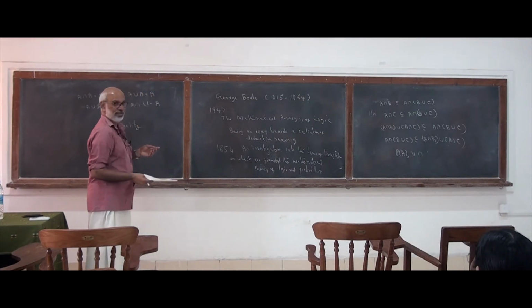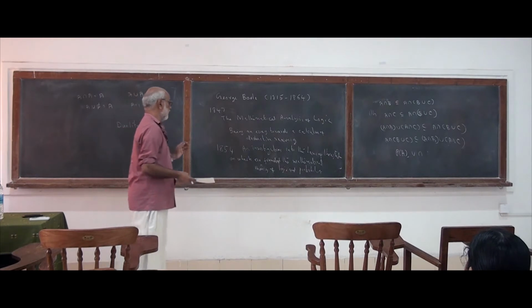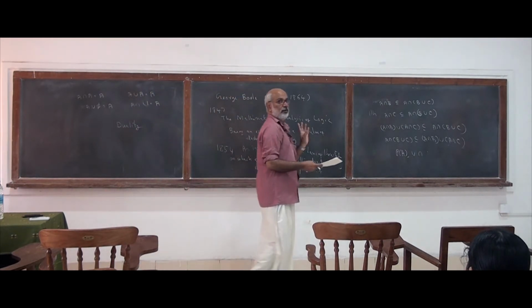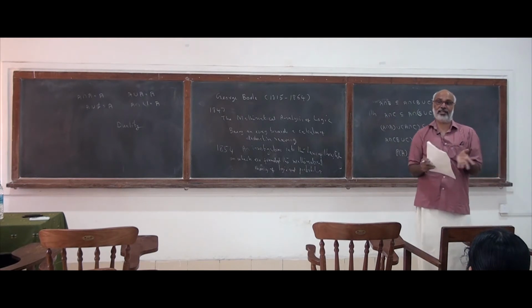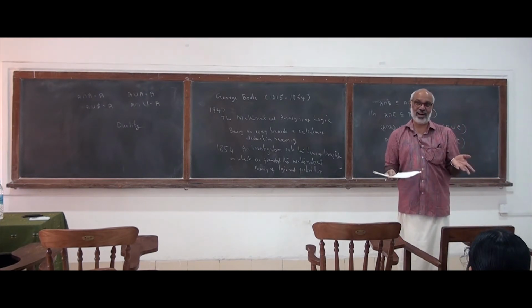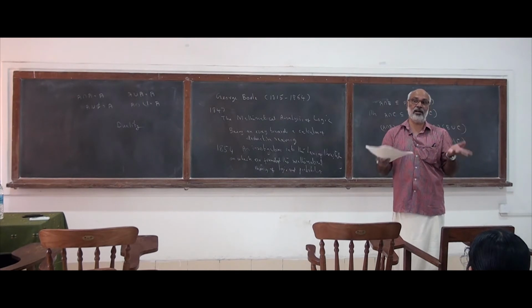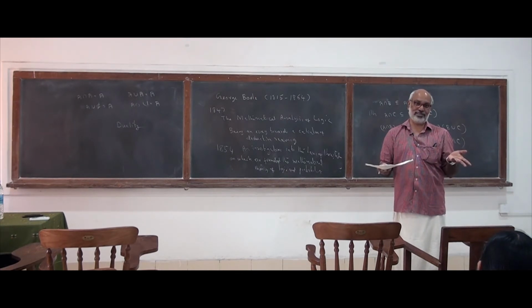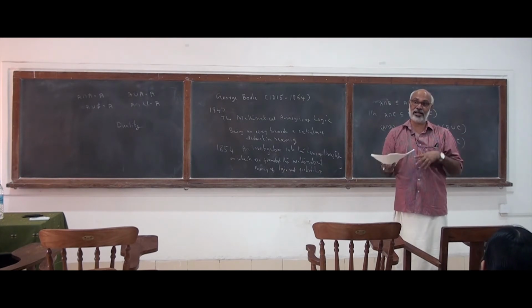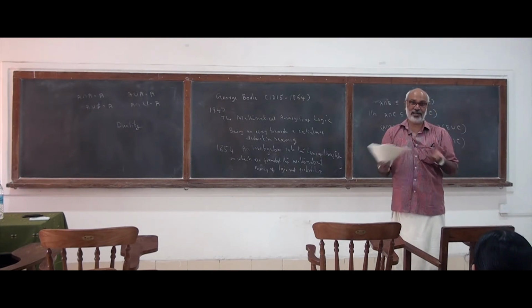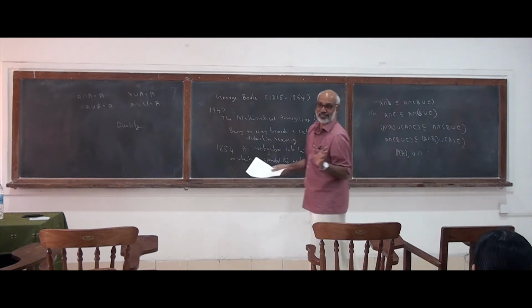Now, one interesting property of the Boolean algebra is that it has a duality, because addition and multiplication are treated in a similar fashion, unlike in the ring of numbers. In the ring of numbers, multiplication is distributive over addition, but addition is not distributive over multiplication. But here, it's completely symmetric.